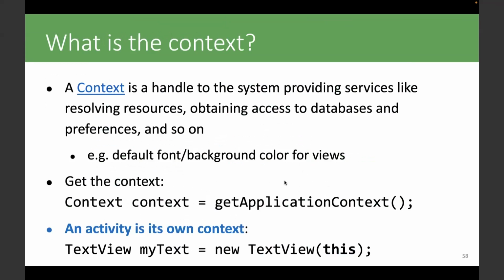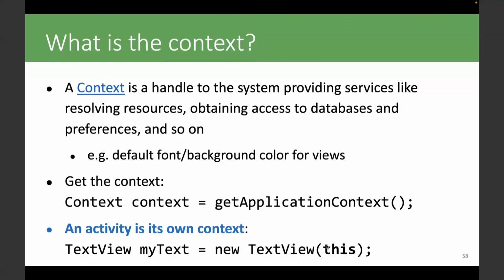Basically, a context is simply a handle to the system providing services like resolving resources, obtaining access to databases, preferences, and so on. When you are creating a view, you need to give it a context. We normally create views in an activity, and an activity is its own context. So that's why we usually pass the activity as the context.